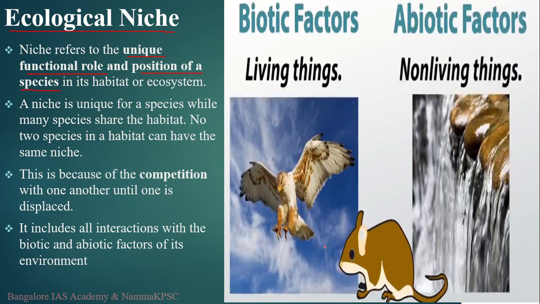Say for example in this diagram, if you see the mouse over here, the niche for this particular mouse will also depend upon the biotic factors, which represents the living things, and also abiotic factors, which represents the non-living things. So in order for a niche to have been formed for any particular organism, it will depend upon the biotic and abiotic factors for a particular species, which is necessary for the species to survive, to stay healthy, and also to reproduce.